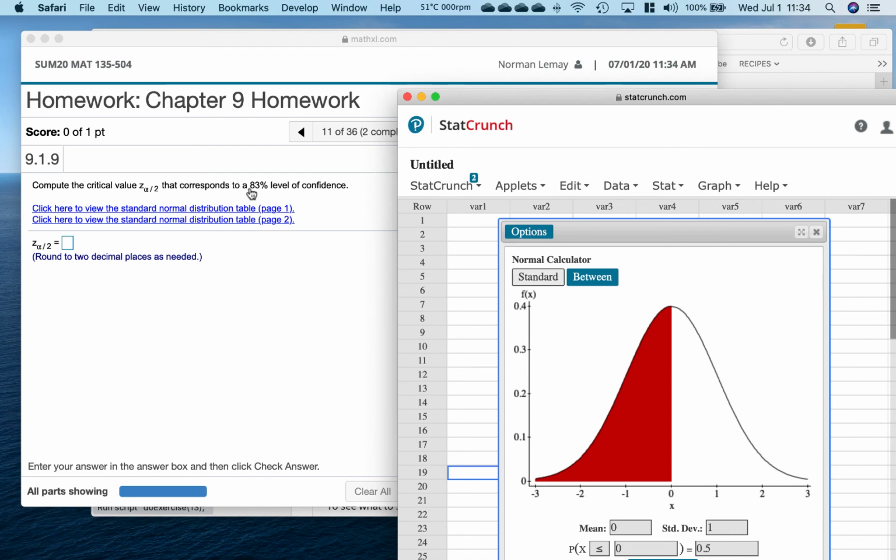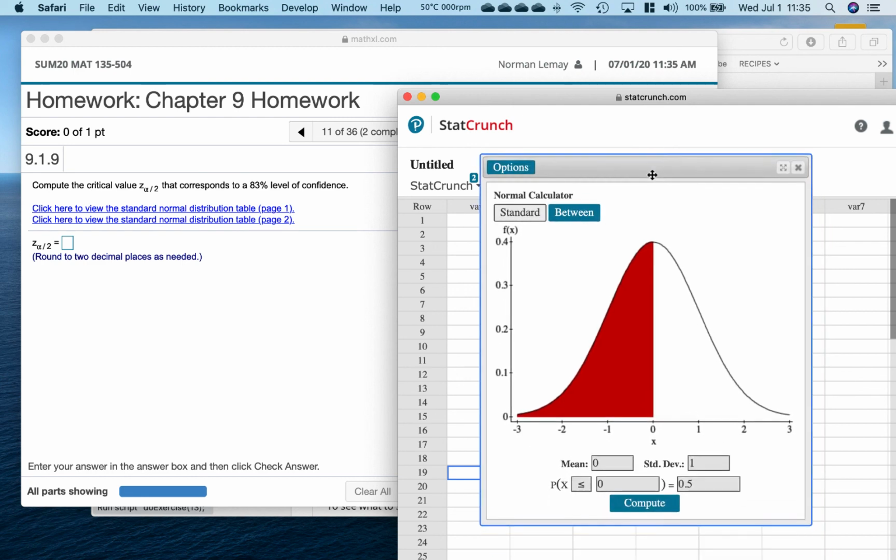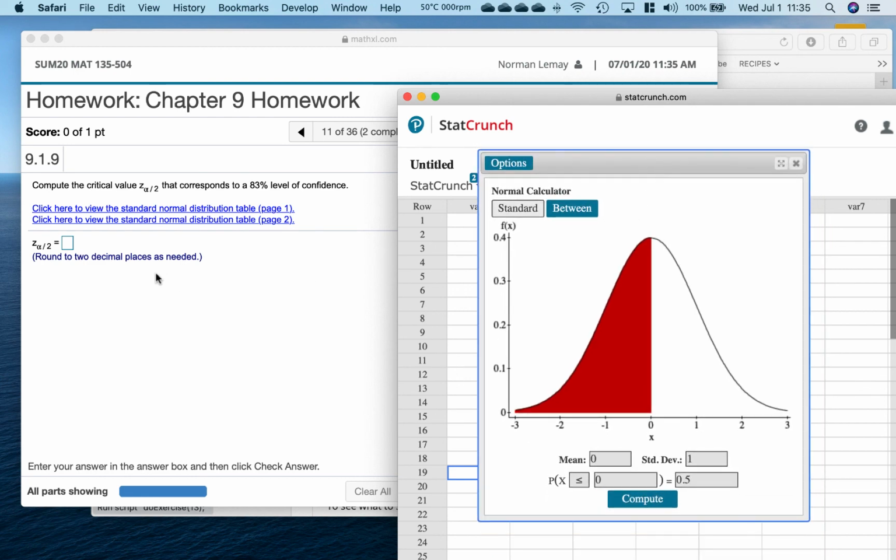So 1 minus 0.93 gives us 0.07. Then alpha over 2 is 0.07 divided by 2, which is 0.035. Since this is a z, we're working with the standard normal, which has a mean of 0 and a standard deviation of 1.